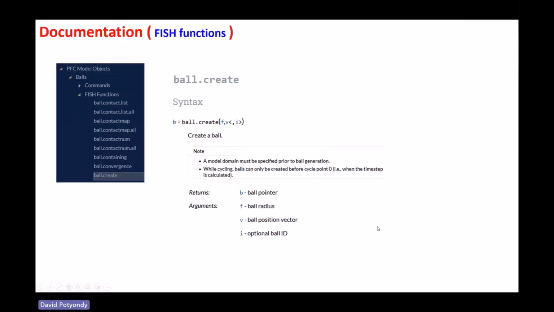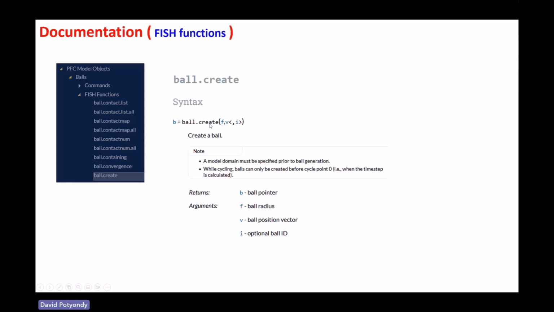Here's a FISH function, ball.create. Again, we'll talk about FISH tomorrow. This is a function, and you have to tell it which ball. You give it a pointer to a ball, and then you give it the radius and the position vector. If you want, you can optionally give more; that's what these little square brackets are, an optional parameter.